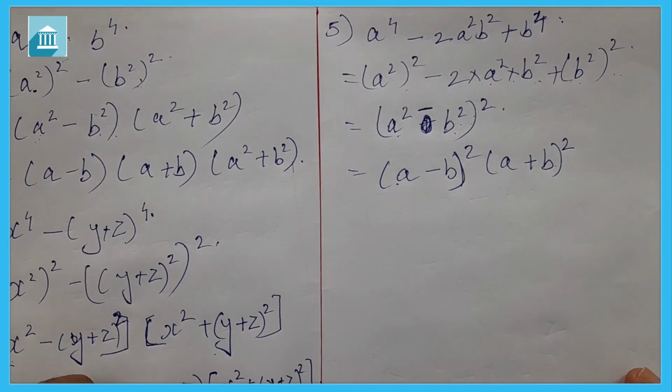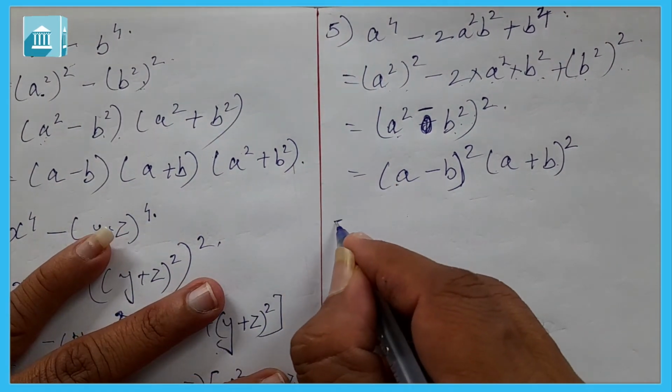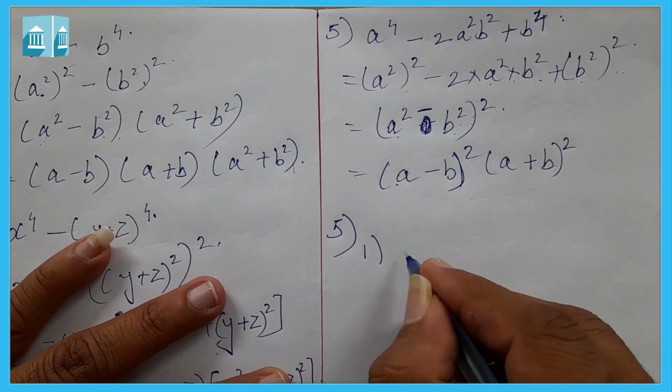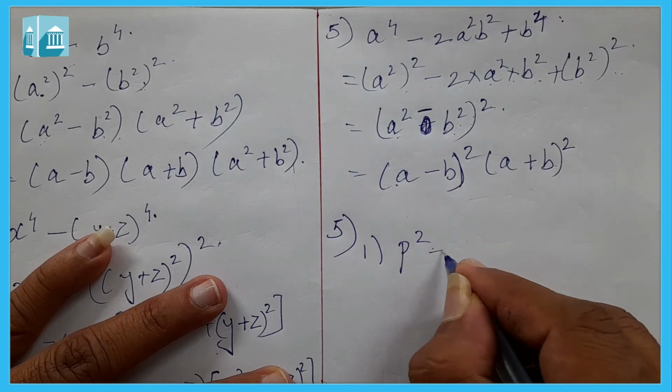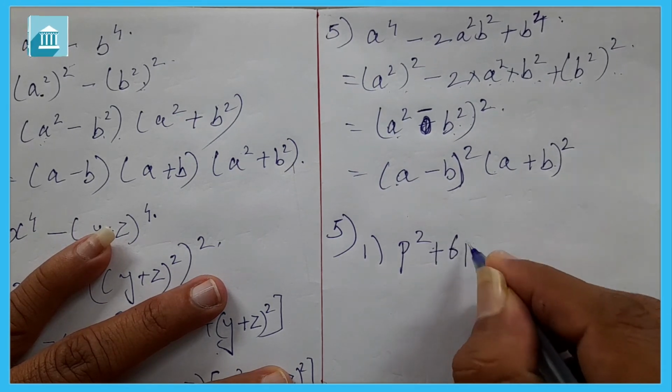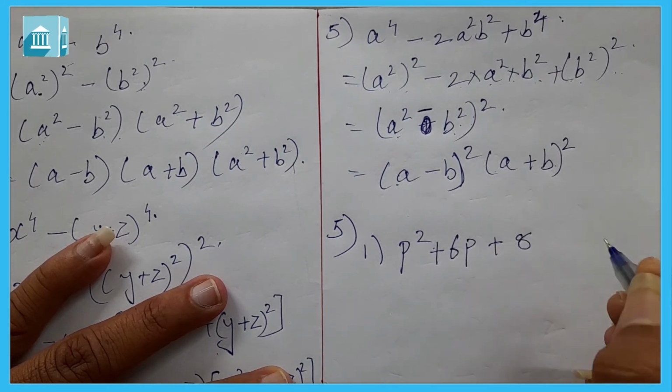Now let us see question number 5. The first one is p square plus 6p plus 8.